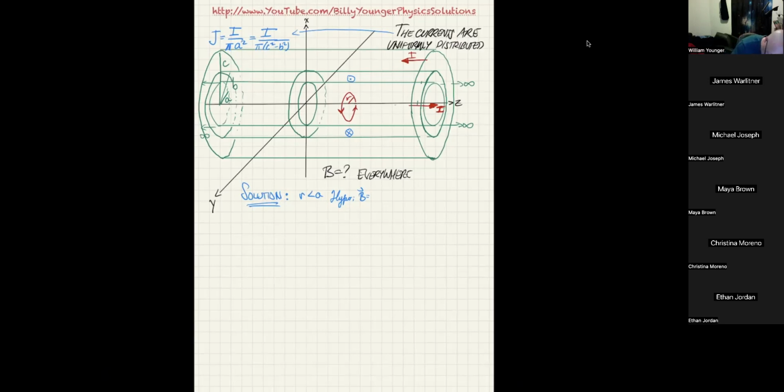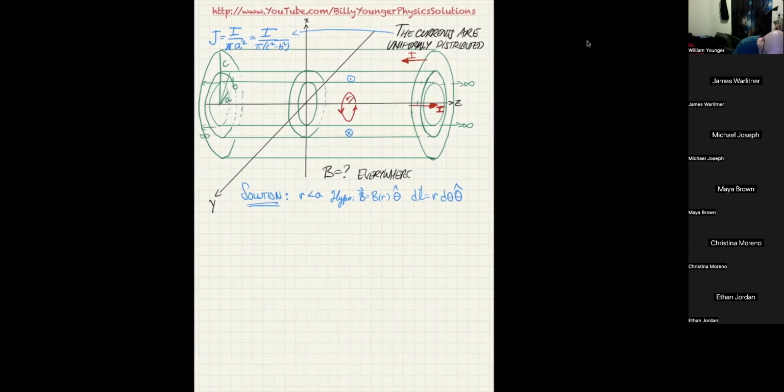So my hypothesis, which is going to be this over and over again, is that the magnetic field's only going to depend on how far away I am, but it's going to point in the theta hat direction. And in fact, the dl is going to consistently be R d theta, theta hat as well. So I will just do that over and over and over again.